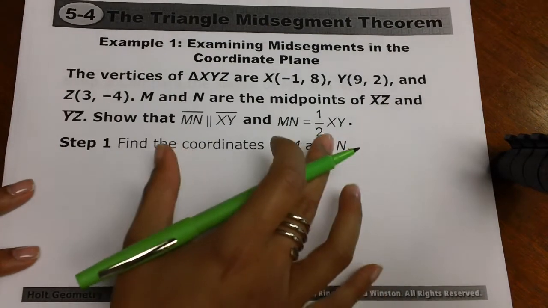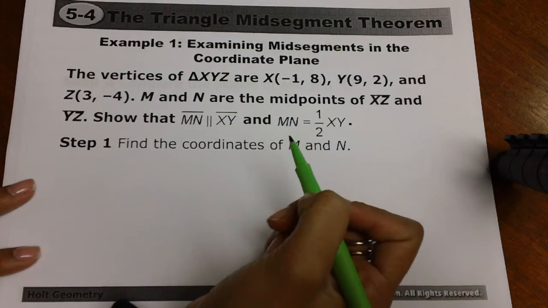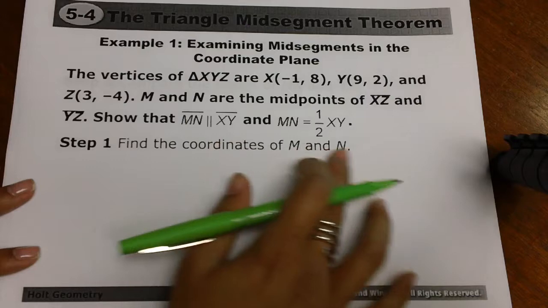But because it tells us exactly what they want, we can start by first figuring out what the coordinates of M and N are.